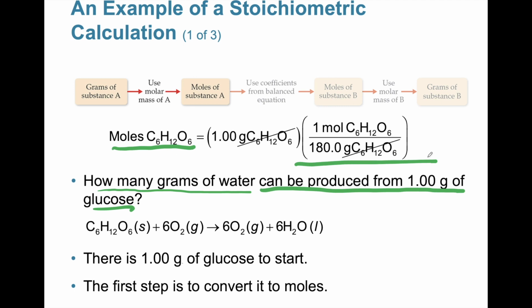We have a starting material here, which is 1 gram of glucose. For us to get to the number of grams of water, we have to go through the stoichiometric calculation: using grams of glucose to get to moles of glucose, then go from moles of glucose to moles of water, and then from moles of water to grams of water.